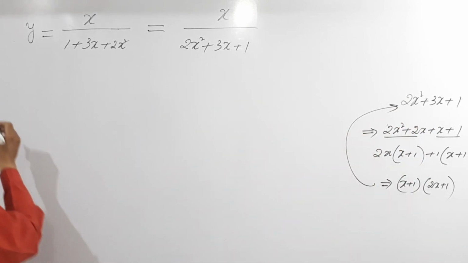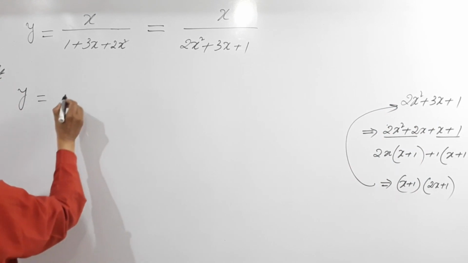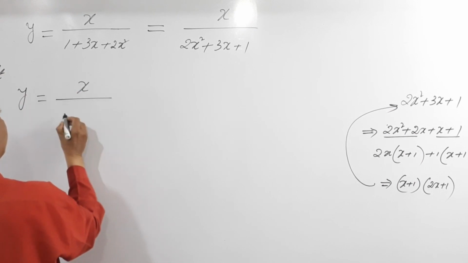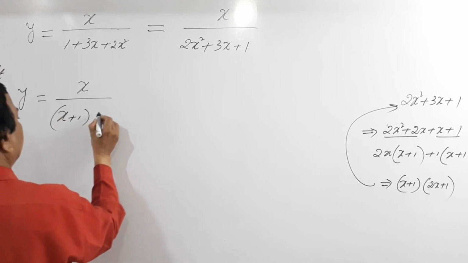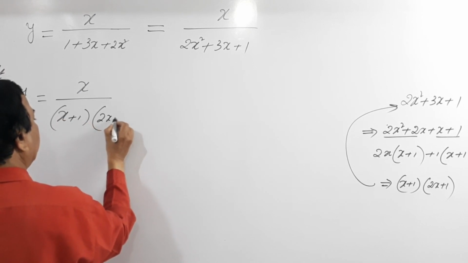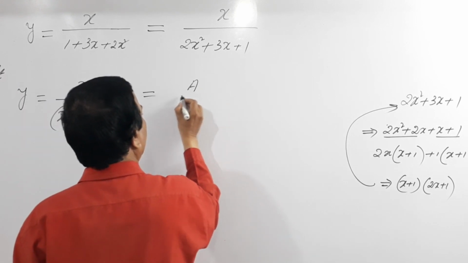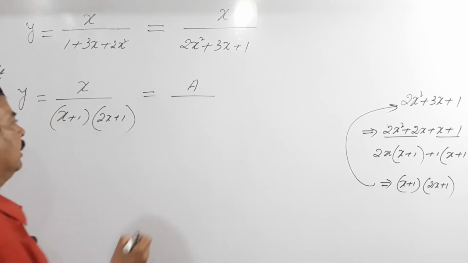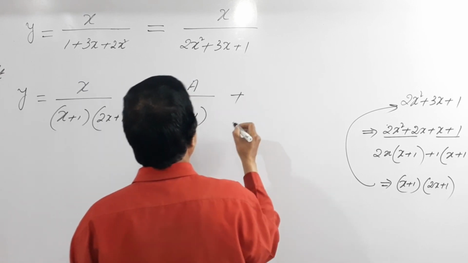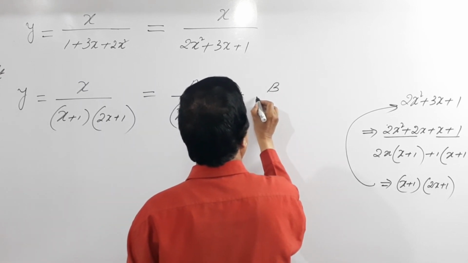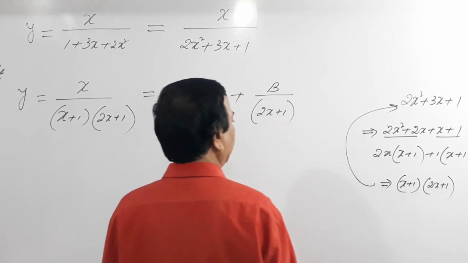So what I do, let y equals, I write that, 1 by x plus 1 into 2x plus 1 equals to A by x plus 1, I will explain what it is, plus B by 2x plus 1.